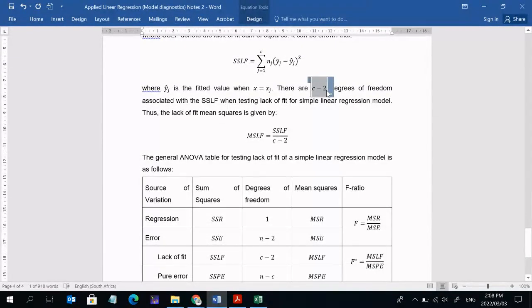So the degrees of freedom is C minus 2, so it's the levels of X minus 2. And when we have that degrees of freedom, we can divide the SSLF by the degrees of freedom, and we get MSLF.